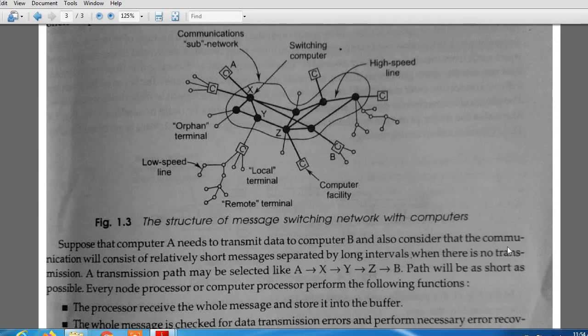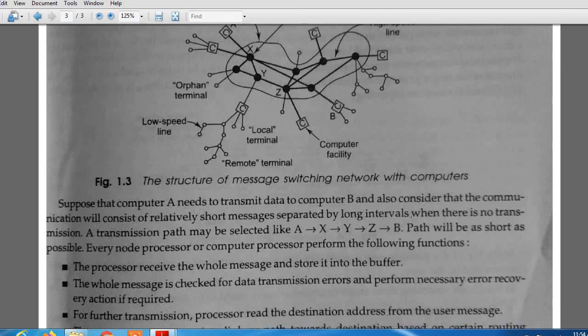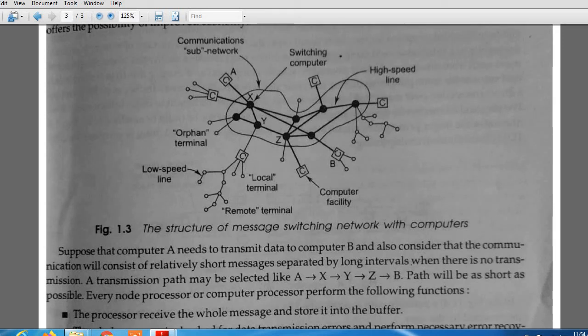If it is okay, then it will read the address of the destination, that means the address of X. After that, it will select the path, that is, with the help of which path it will transmit the data from A. After that processing, it will send the data to that address.